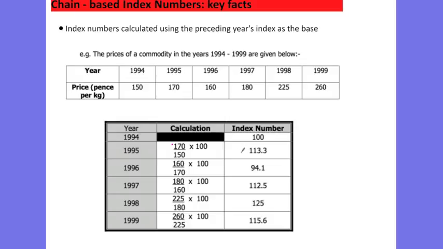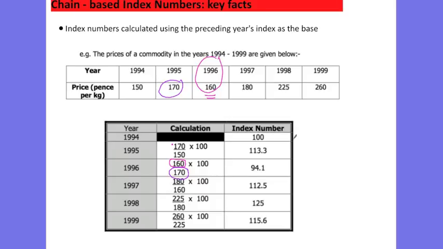This here is a chain-based index number because it is based on the preceding year's value. We can see here for 1996, we're using 160 here, but we're using the year before to divide by 170. You will see here the pattern continues with the calculations using the previous year's value.